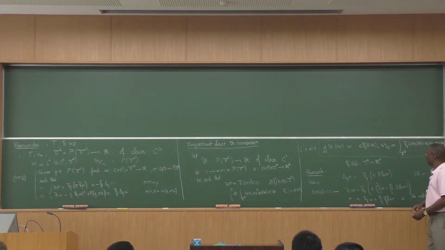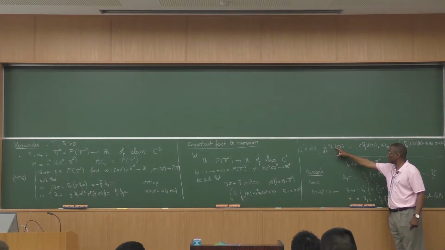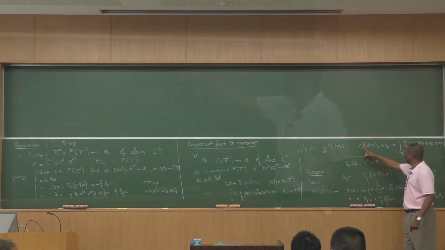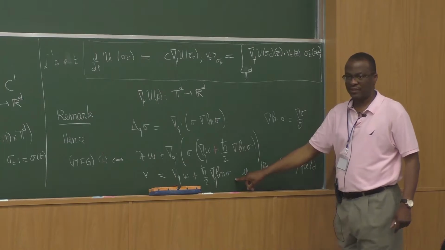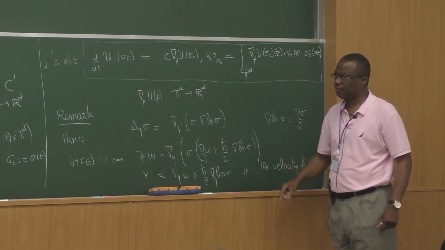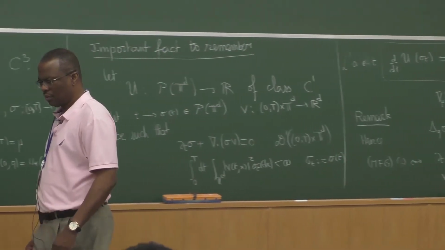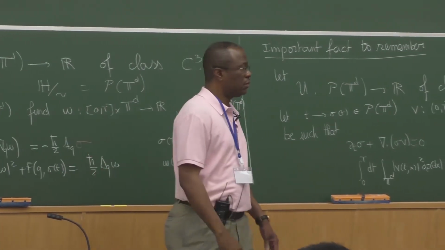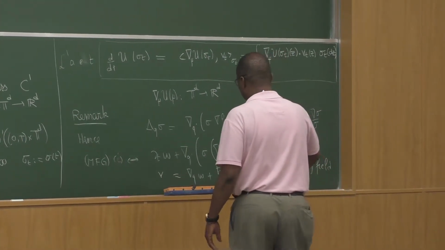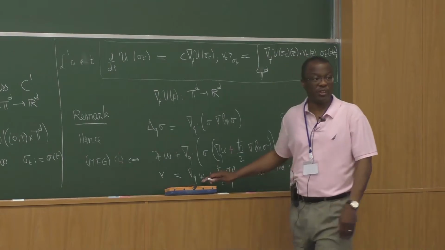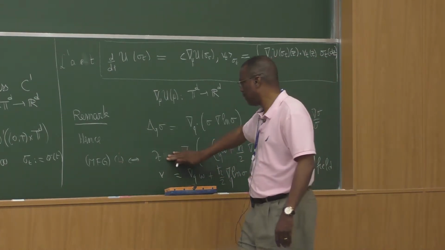And so, if I differentiate a function u at sigma, I am going to obtain this where I replace v by that expression. You are right here. Here, yes. Sigma, thank you.